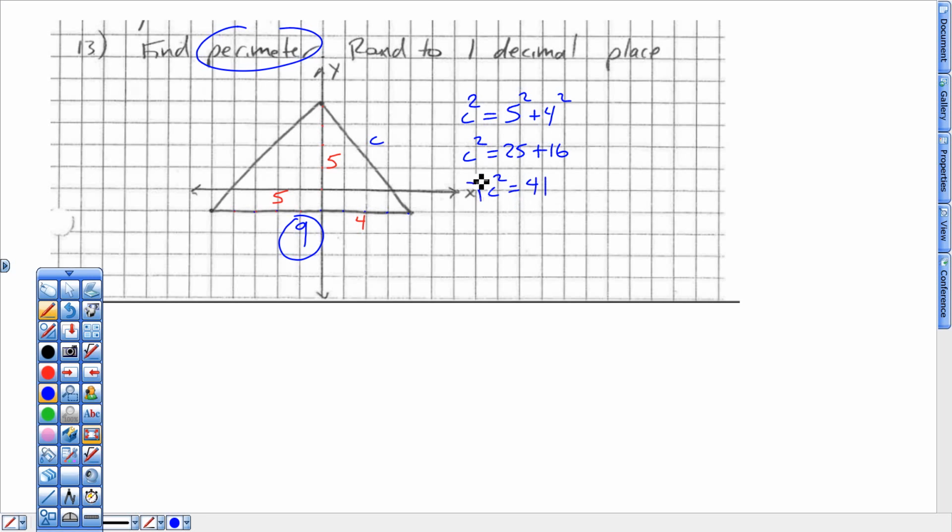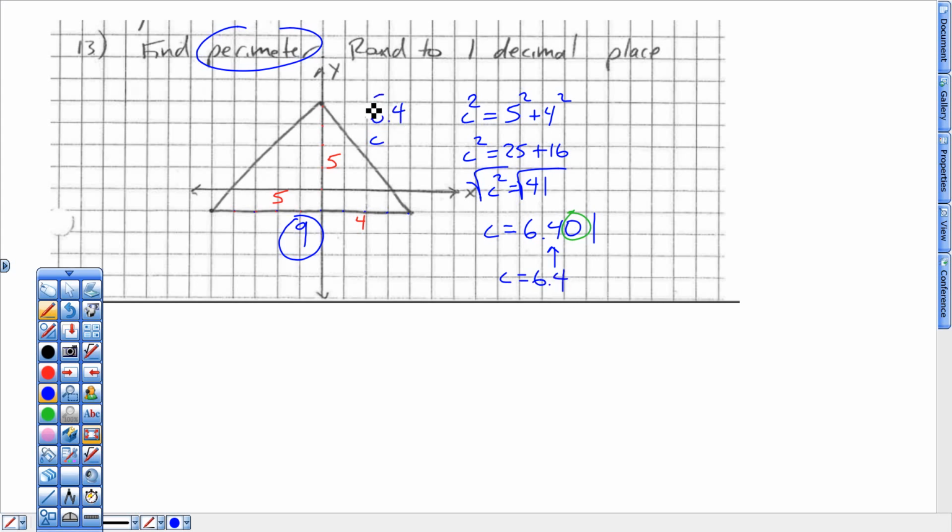I'm going to square root it. That makes that square root symbol disappear, and then I need to round it to 1 decimal place. So if I square root 41, that gives me 6.401, rounding to 1 decimal place. That 0 is not enough to make that 4 go up by 1, so that stays 6.4. That is this length right here.